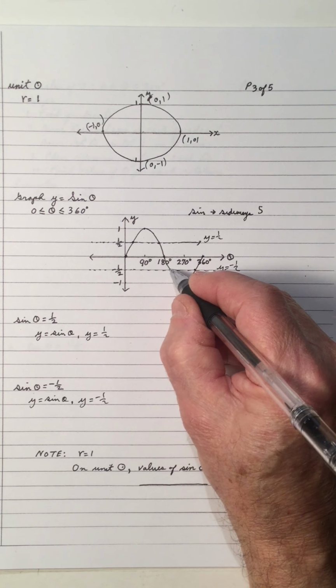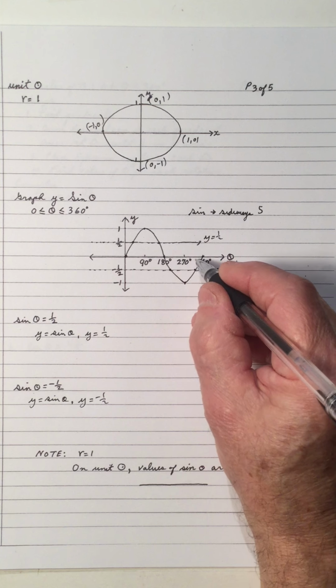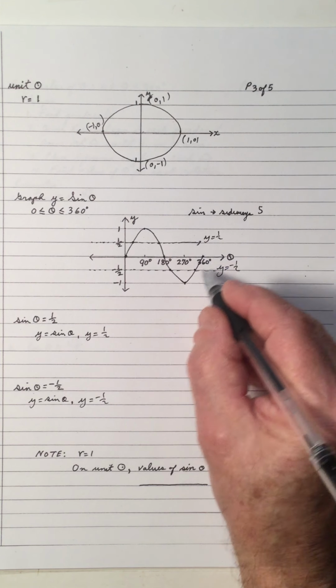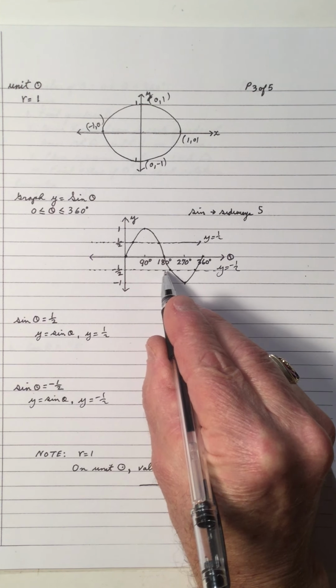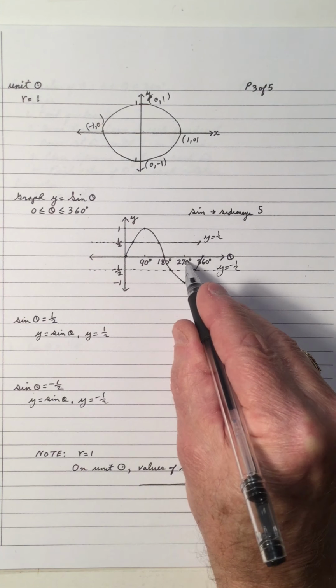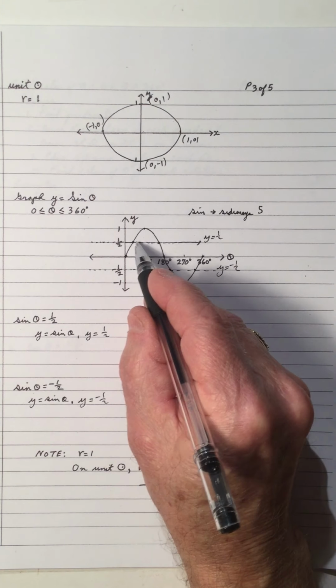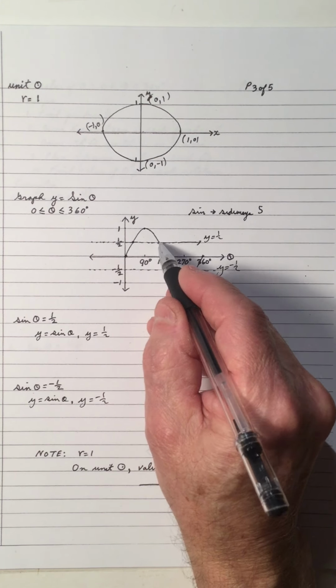And these two values of theta are between 180 and 270, and between 270 and 360. So 180 to 270 is the third quadrant, and 270 to 360 is the fourth quadrant. That's where sine is negative. Sine is positive in the first quadrant and the second.